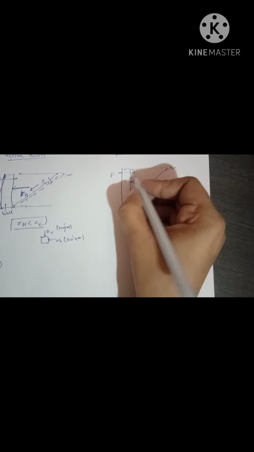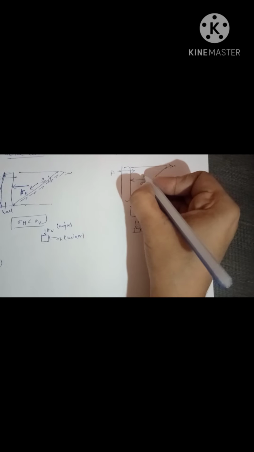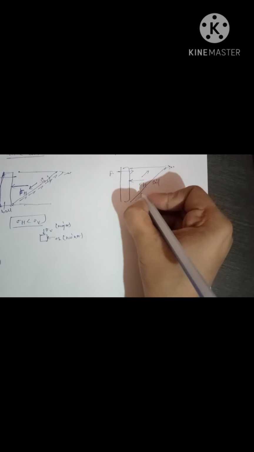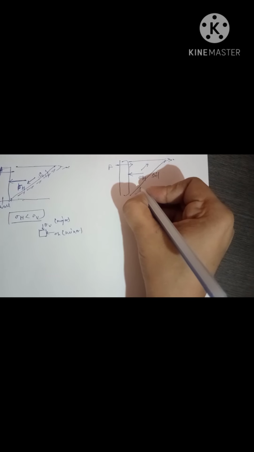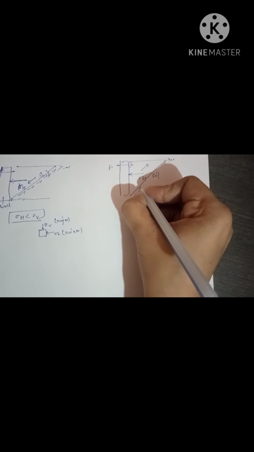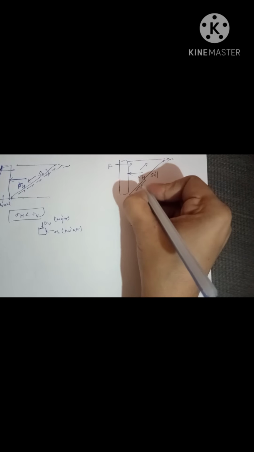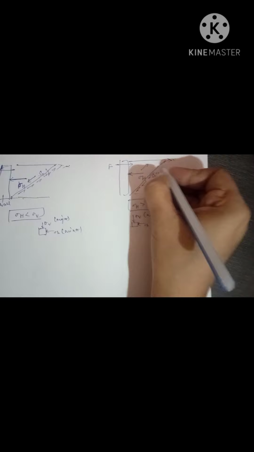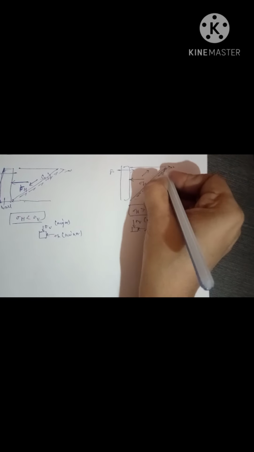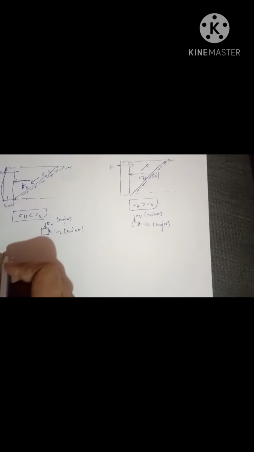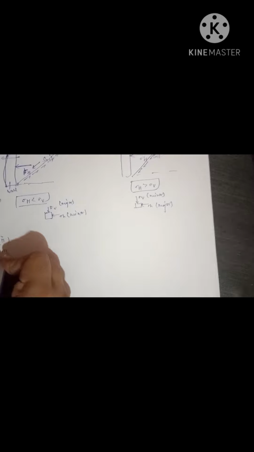And here the wall moves towards the backfill, so the soil will move in the upward direction, and the surrounding soil, which is resisting it, will apply a friction force in downward direction. Okay, so in this case I discussed the second difference too, and the third difference I'm going to discuss.